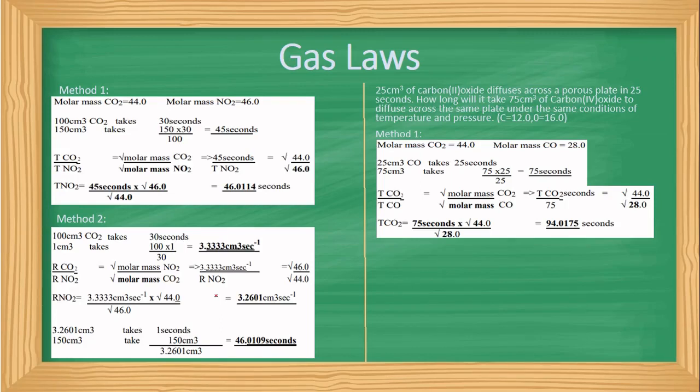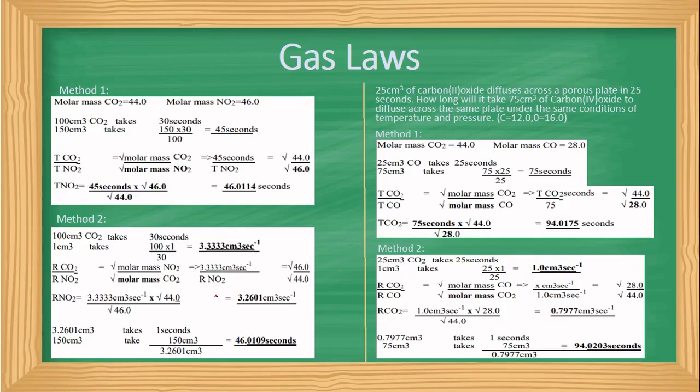So now you can use T of CO2 over T2 is equal to the square root of molar mass of gas 1 over square root of molar mass of gas 2. So if you calculate, you find that it will take the carbon 4 oxide 94.0175 seconds to diffuse.